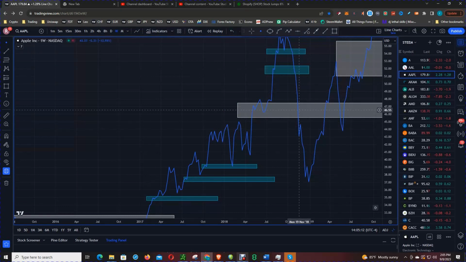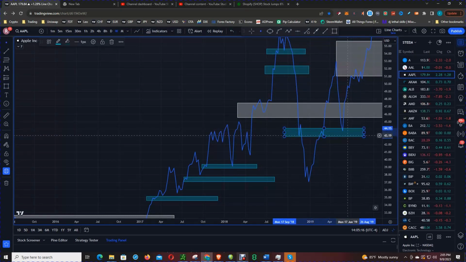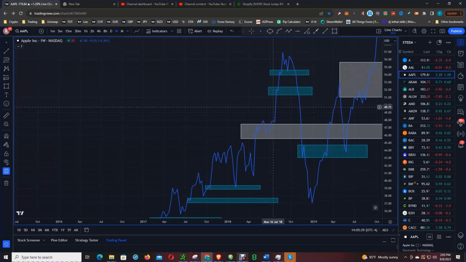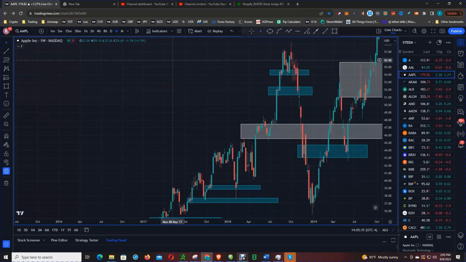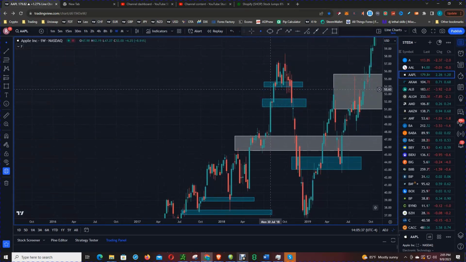So let's see how this worked out. So zone, zone, and zone. Drop, base, drop, rally, base, rally, drop, base, rally. Rally, base, rally, rally, base, rally.